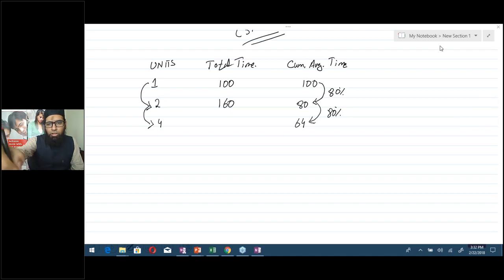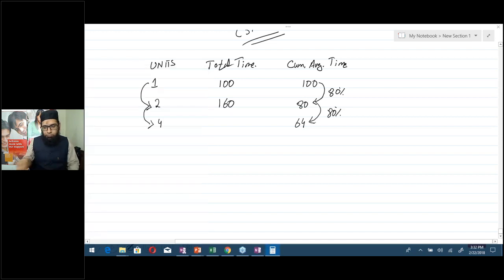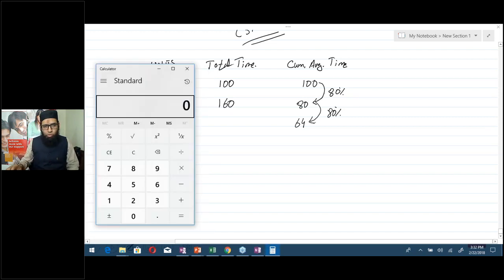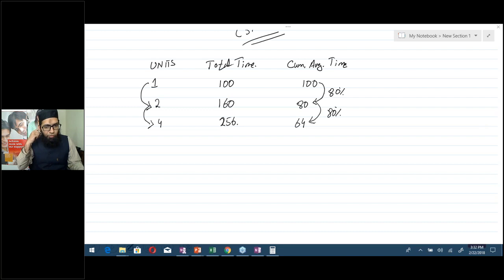So what will be the total time for the 4 units? It will be 64 multiplied by 4. Let me open my calculator. So it will be 64 into 4. It will be 256. Yes, Sarah, it is 256. Thank you, Mehdi. Yes, sir, it is 256.